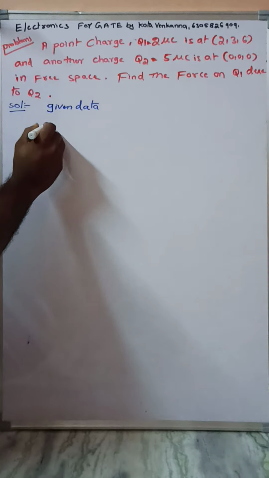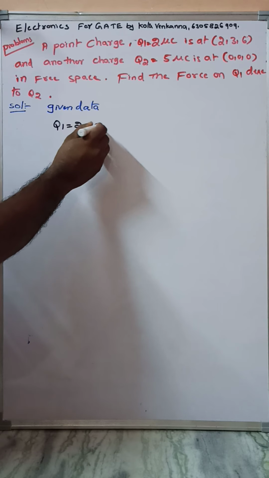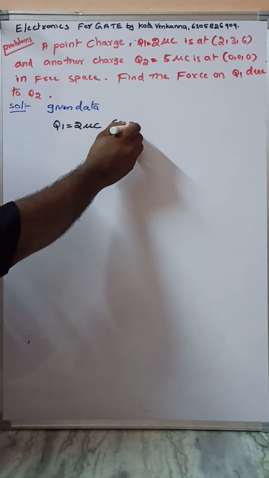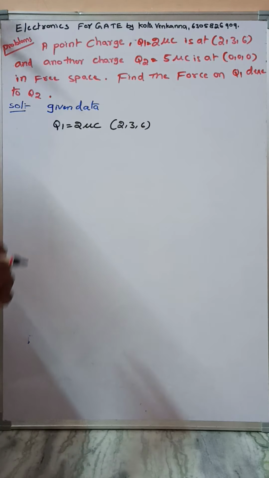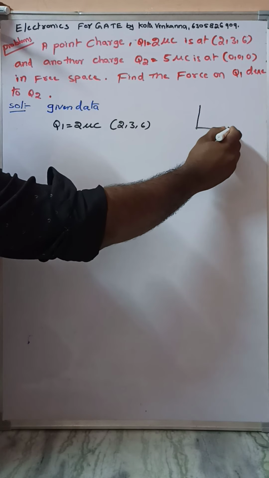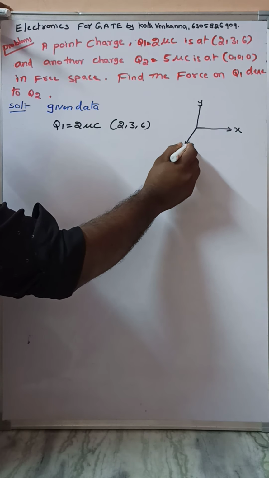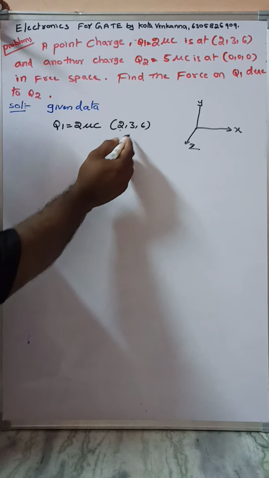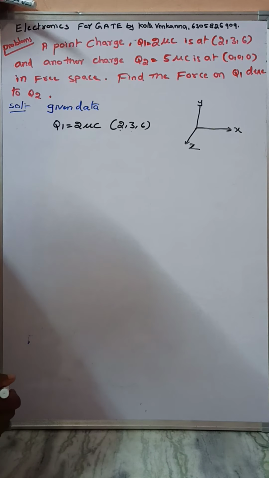So Q1 is 2 microcoulomb at the point (2, 3, 6). On the coordinate axes, the x coordinate is 2, the y coordinate is 3 and the z coordinate is 6.